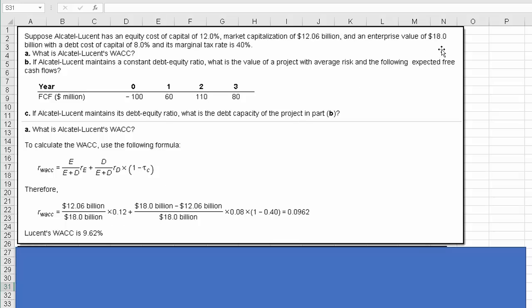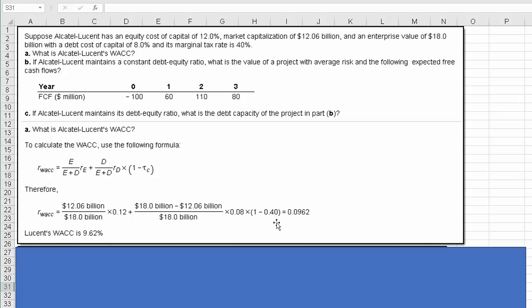Enterprise value was 18 billion. And then we have to add to that the enterprise less the equity, whatever that comes out to be, divided by the enterprise value, and multiply that times 1 minus the tax rate. So we compute the weighted average cost of capital.